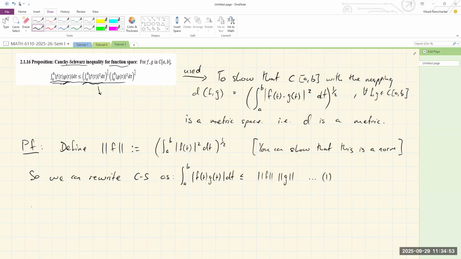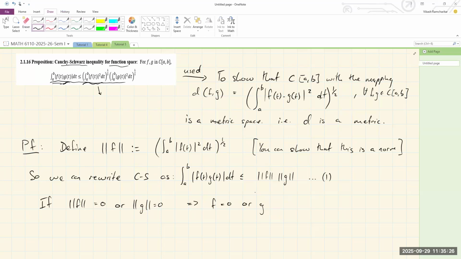Now notice, if, for example, the norm of f is equal to 0, or the norm of g is equal to 0, then from the definition, that will imply that f is identically 0, or g is identically 0.